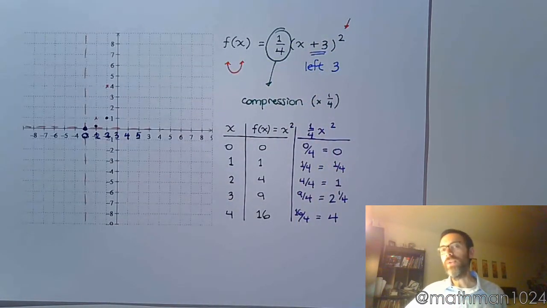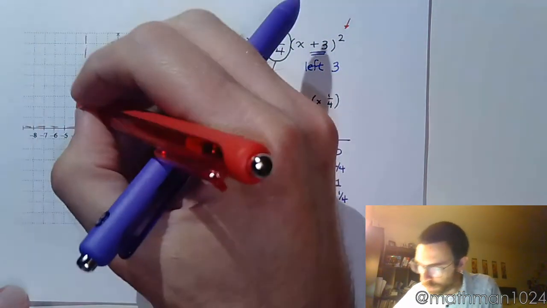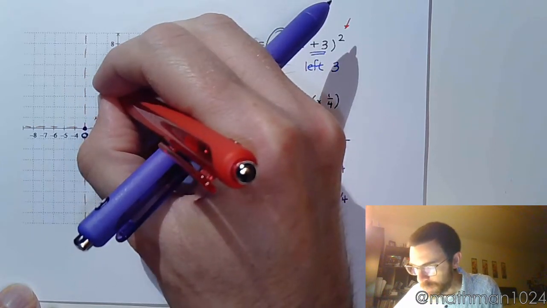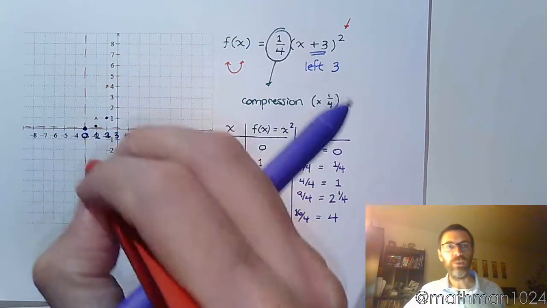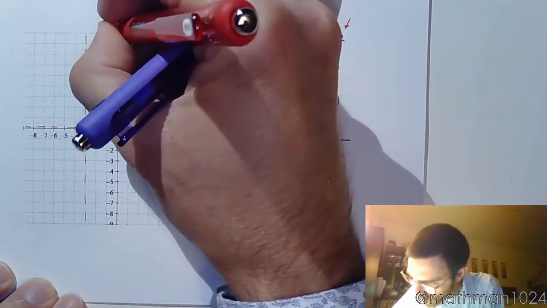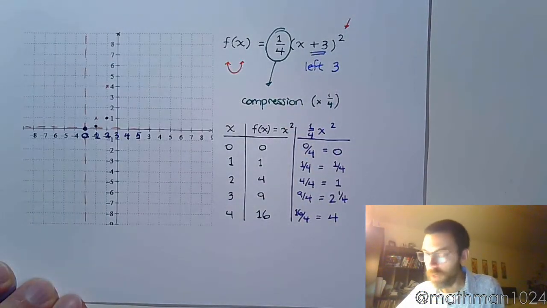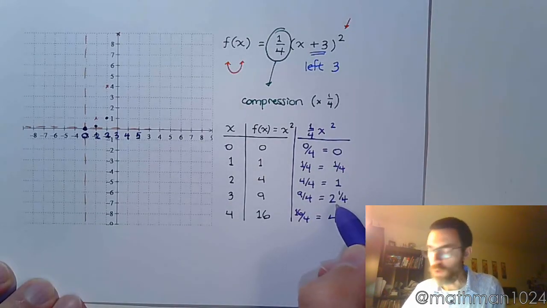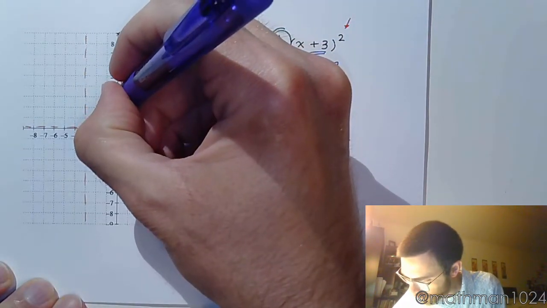So you can start to see where there's this compression. You have this normal pattern right here, but you're doing a 1/4 of that, so it's going to be considerably flatter. Okay, see how much flatter it's going to be? 3 squared would be up here at 9, but you're doing a 1/4 of that, which we did the math, that's 2 1/4. So 2 1/4 right here.